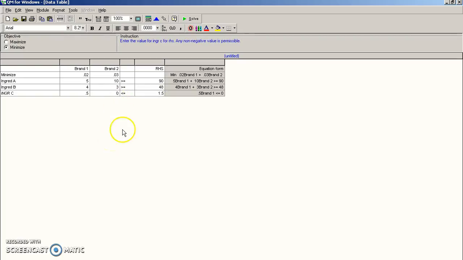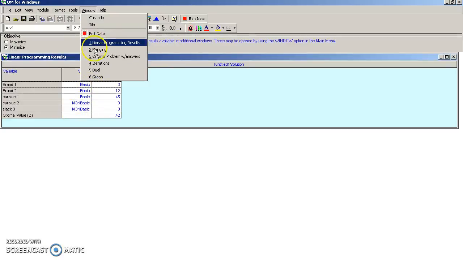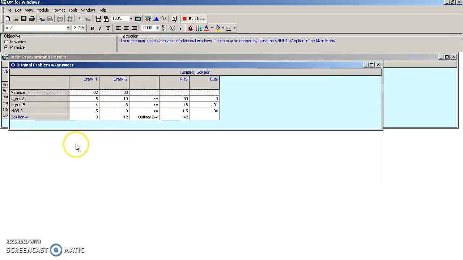Okay, just double checking it, but this seems to be the linear program. Let's see if I did it right. Okay, go down to original problem. Okay, let me see. Did I make a mistake on this one? I must have.